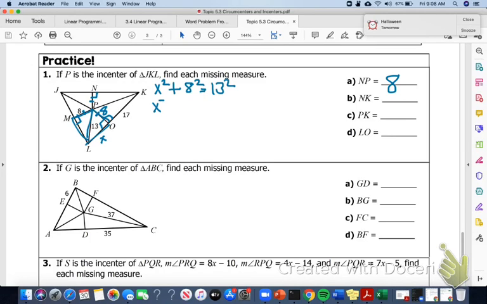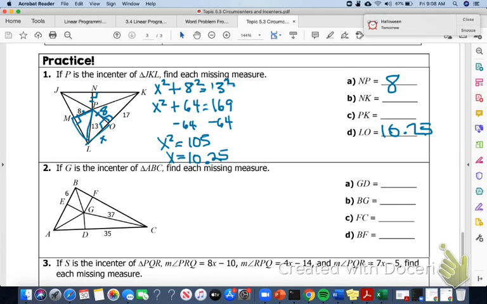So if I solve this, I get x squared plus 64 equals 169. If I subtract 64, I get x squared equals 105. And if I take the square root of 105, I get 10.25. Okay, so LO is 10.25.